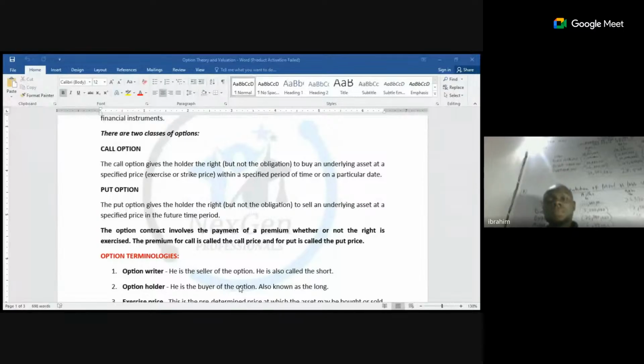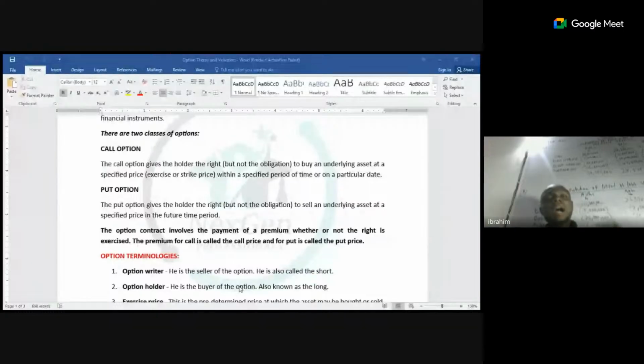Meaning that Mr. Temitope can go to the option market to exercise his right to buy First Bank shares at the current price, and sell at a later date. You can go there to exercise your right to sell. Class, so a put option is an option to sell.